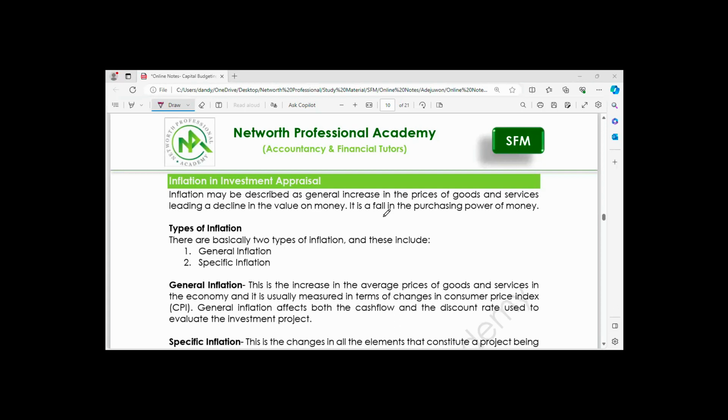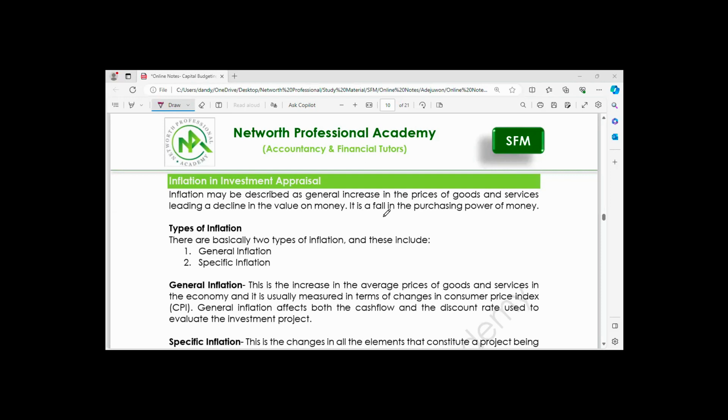If there's going to be an impact of inflation, you should consider it in your cash flow. Again, if the project generates profits, that profit needs to be taxed. The company is supposed to pay tax on the project. How to incorporate the taxation as well as the inflation is what we want to discuss within the next minutes.